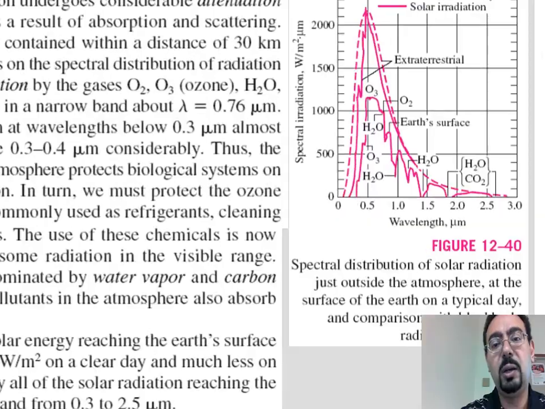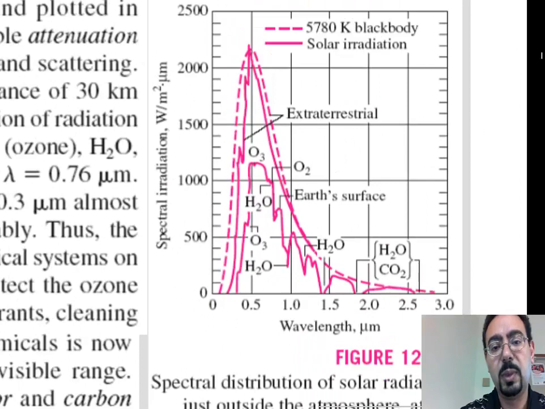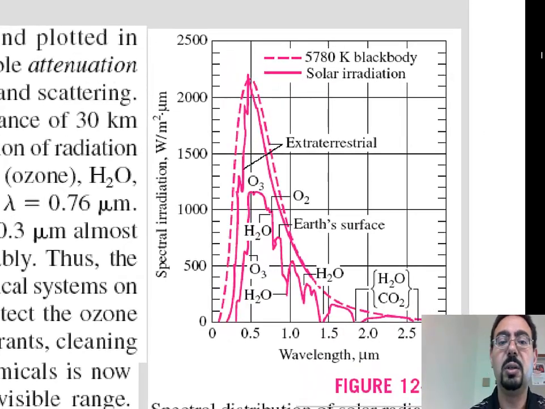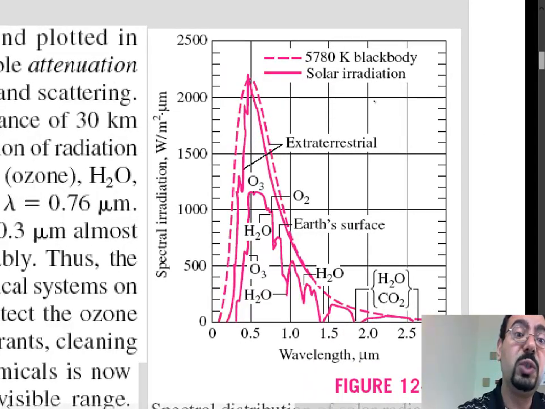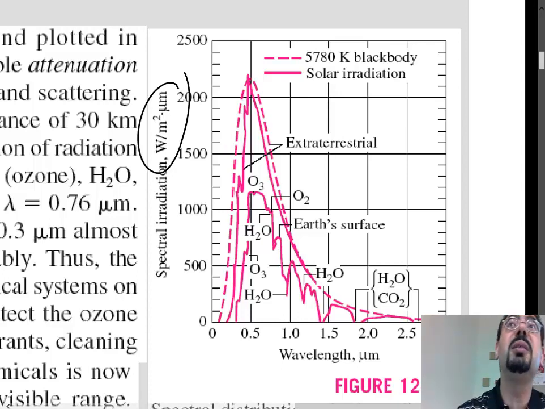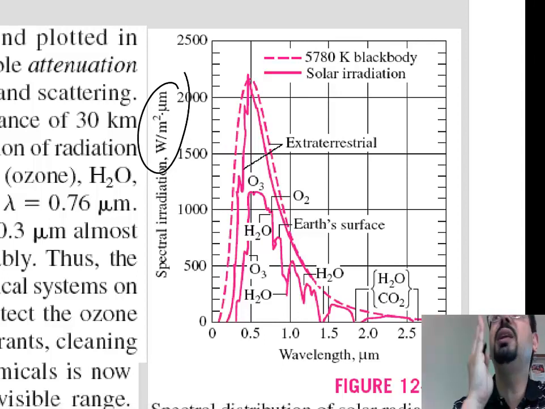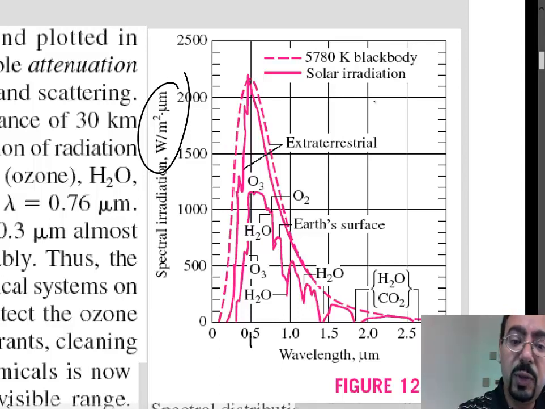So if we look here, this is the sun radiation as a function of wavelength. This is watt per meter square micrometer. So it's splitting the watt per meter square as a function of wavelength. So you can see at different wavelengths what radiation we get.